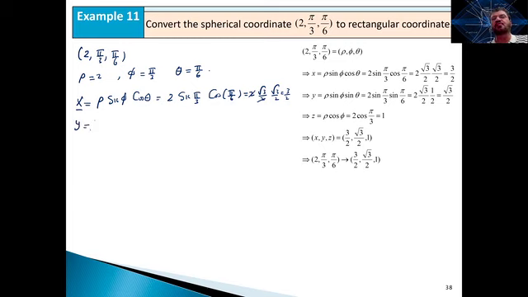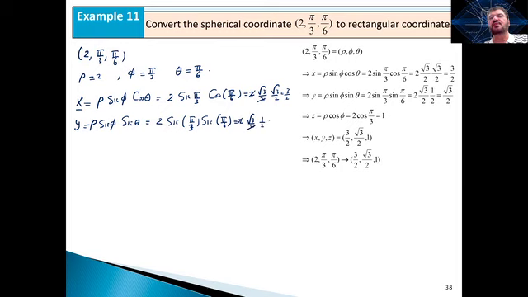Same thing. Y is rho sine phi sine theta. Rho is 2, sine of pi over 3 is phi, and sine of theta, which is pi over 6. Sine of pi over 3 is root 3 over 2, and sine of pi over 6 is half.